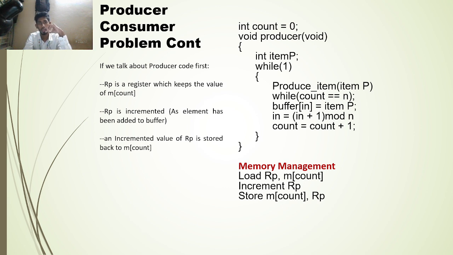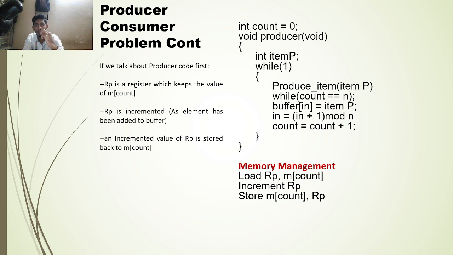If you talk about the producer code first, RP is a register which keeps the value of m count, and next the RP is incremented as an element has been added to the buffer. And next, the incremented value of RP is stored back to m count, which explains the code.